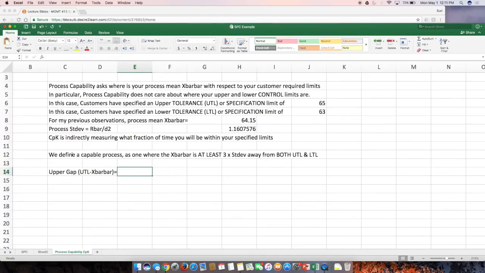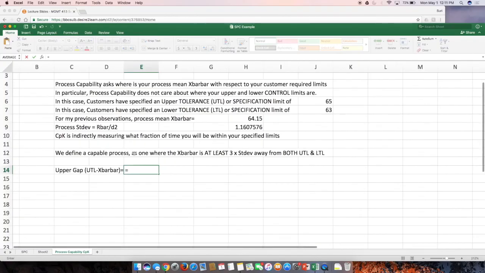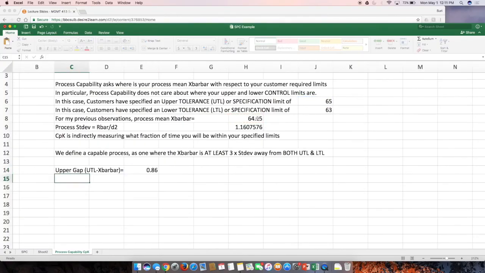What's the upper gap, folks? 65 minus 64.15, which is 0.86. Okay? And what's my lower gap? X double bar minus LTL, which is how much? 64.15 minus 63.